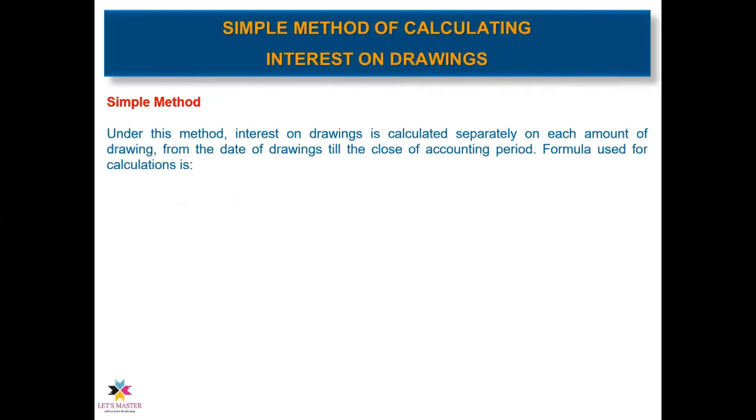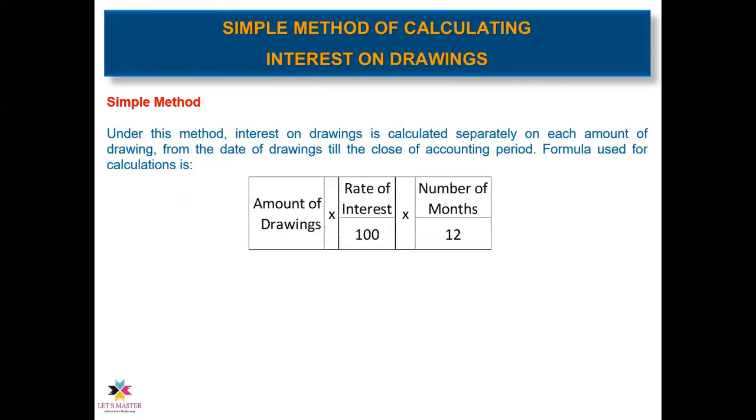In the simple method, the interest on drawings is calculated separately on each amount of drawings from the date of drawings till the close of the accounting period. The formula used is amount of drawings multiplied by rate of interest divided by 100, multiplied by number of months divided by 12.